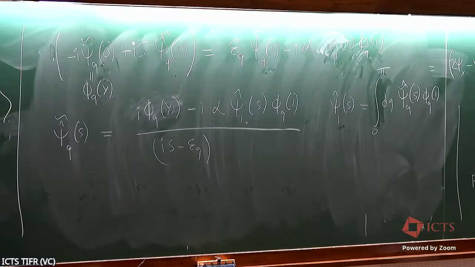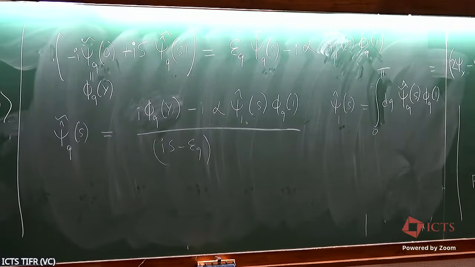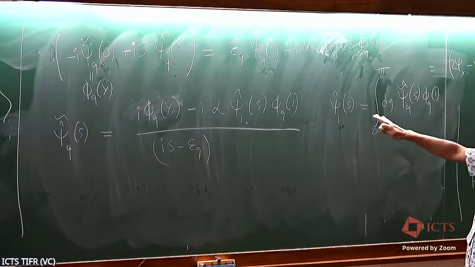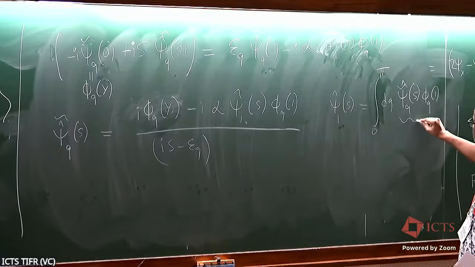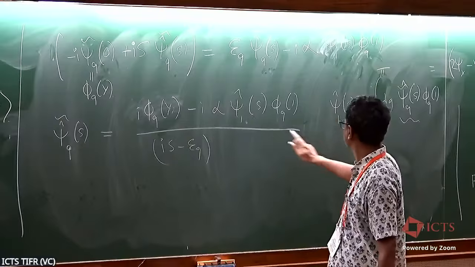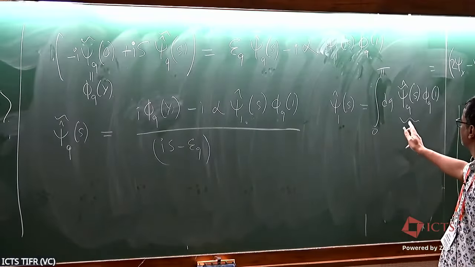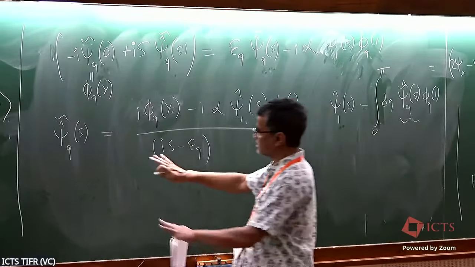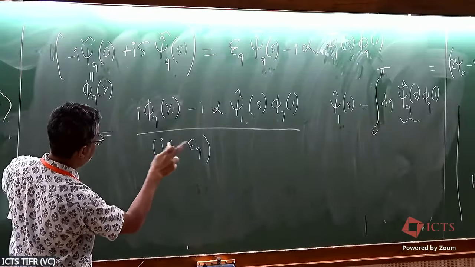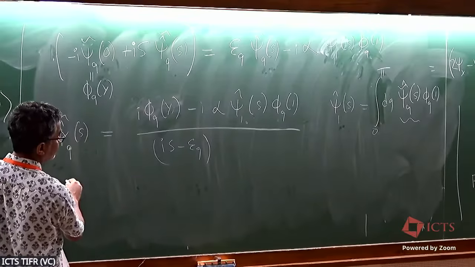Okay, so now we can get an equation for psi 1 hat by using this fact. We already have some expression for psi q which involves psi 1 hat, but now we can use this other equation. So supposing we take this and multiply by phi q1 and integrate over q.